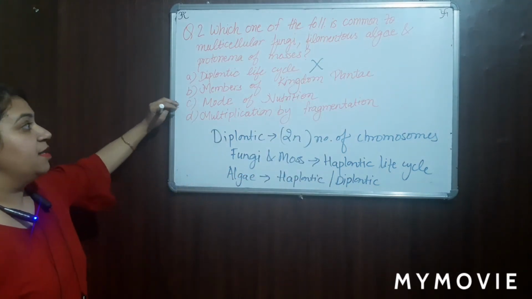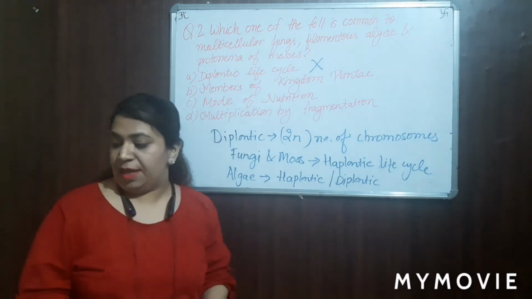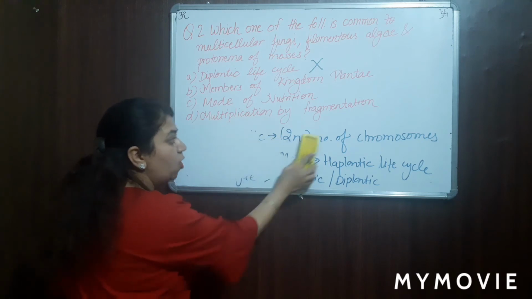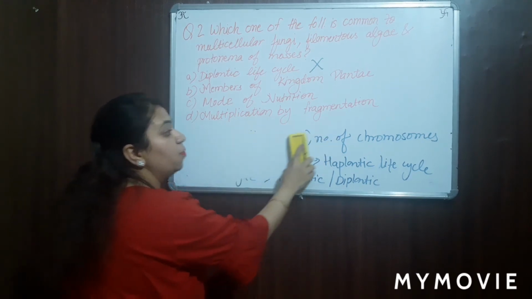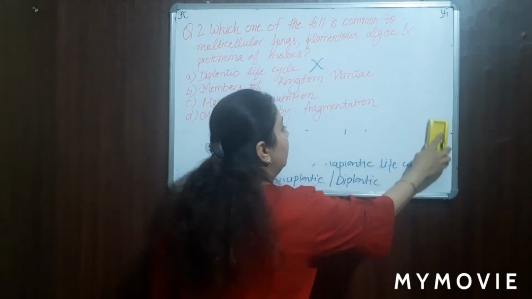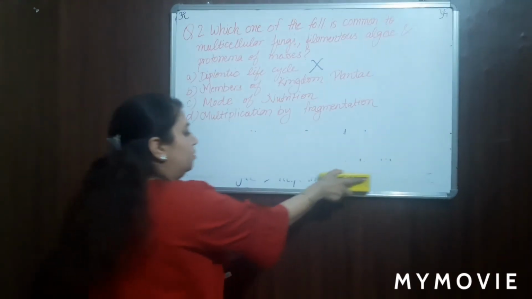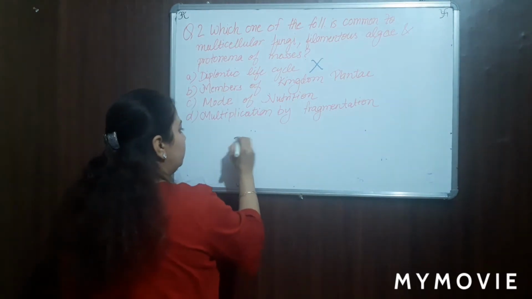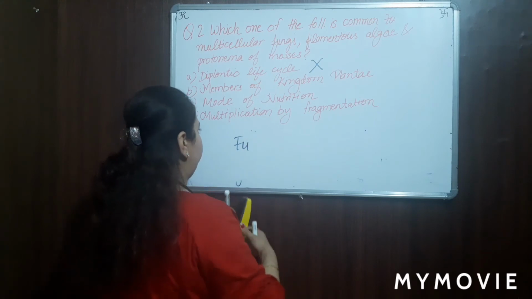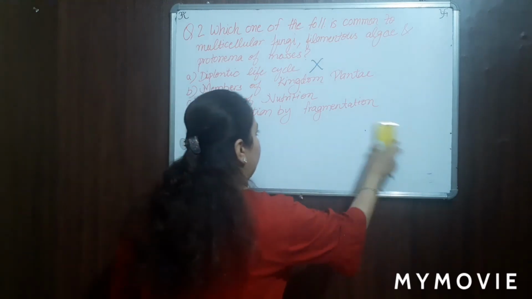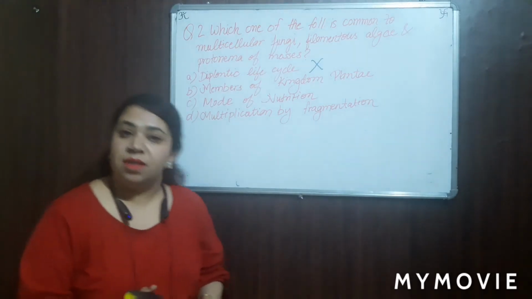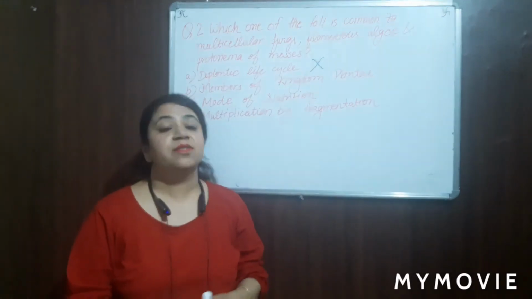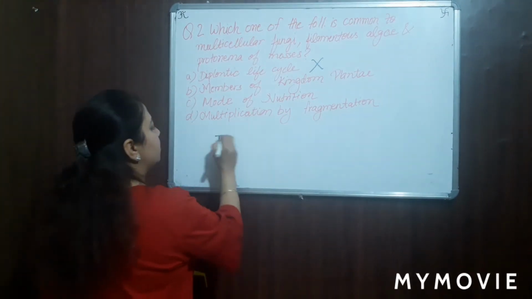Now, second says that they are the members of kingdom Plantae. Well, this option is also incorrect because fungi is no more considered to be the member of kingdom Plantae.